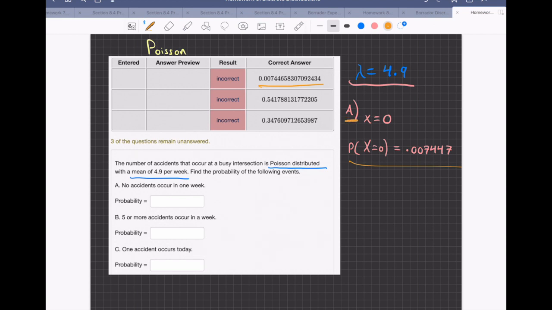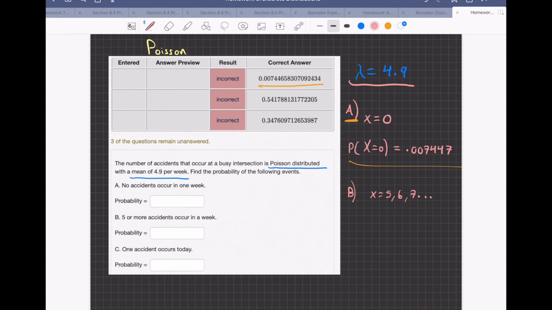Part B, in this case, 5 or more. So this is x equal to 5 or 6 or 7 and so on. Maybe you wonder, when should we stop? Well, actually up to infinity, because this is a mathematical model.